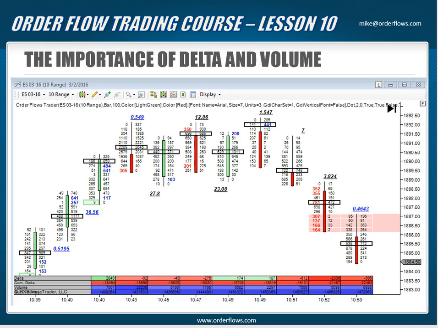So, for example, this is a chart of the E-minis. In this chart of the ES, you'll see the market has been rallying, going up, up, up. We hit a high up here in this bar at 1043. It's got a small negative delta following a bar with a big positive delta.